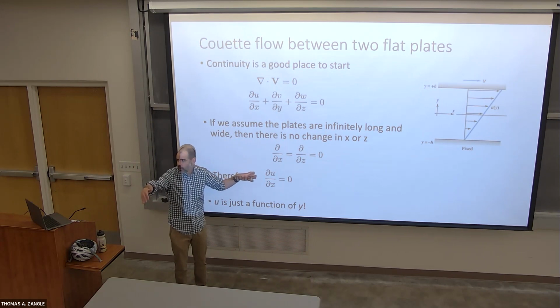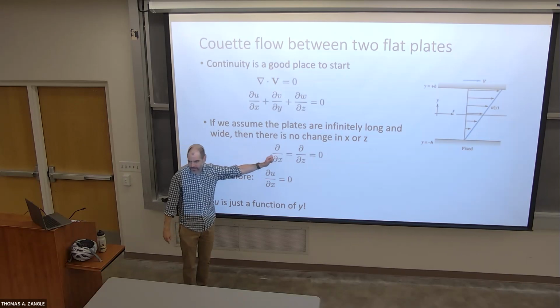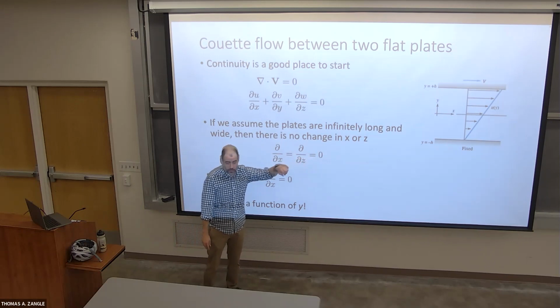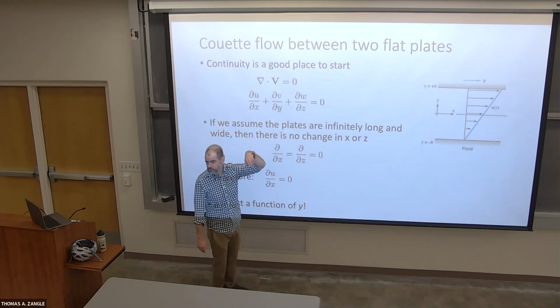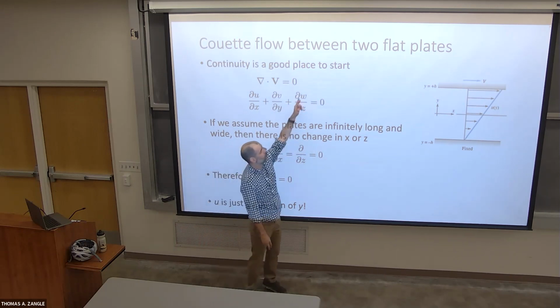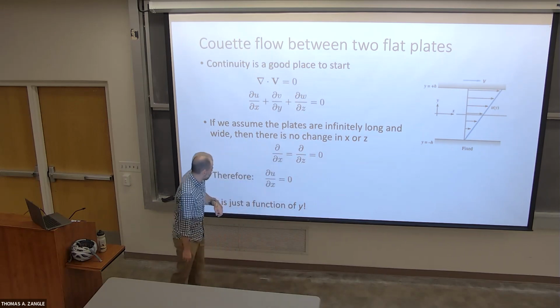So the rate of change with respect to x and with respect to z is 0. Looking at this expression, it means du/dx is 0 and dw/dz is 0.